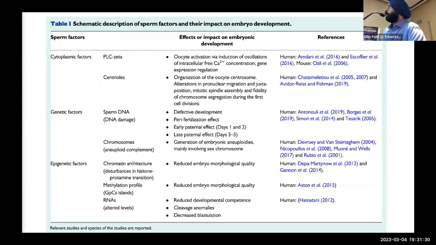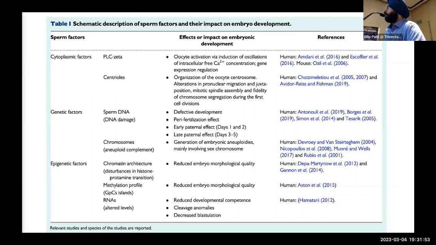So if I have to recap, the cytoplasmic factors are PLC zeta, which contributes to oocyte activation, and centrioles, which again are important for mitotic fidelity as well as organization of the oocyte centrosome and sperm aster. Genetic factors: sperm DNA, a lot has been said about DNA fragmentation and embryonic aneuploidies.